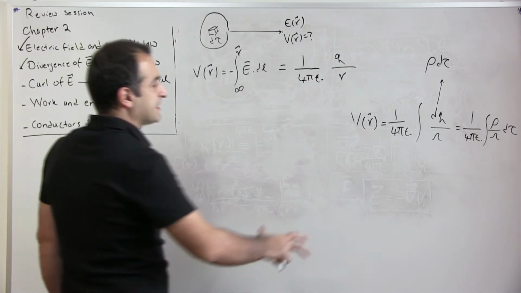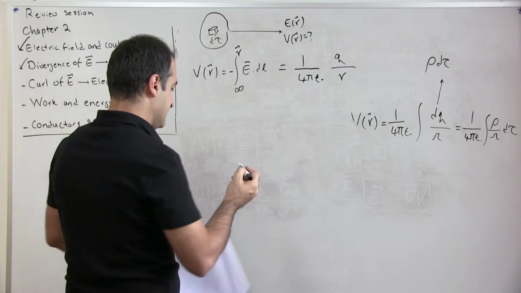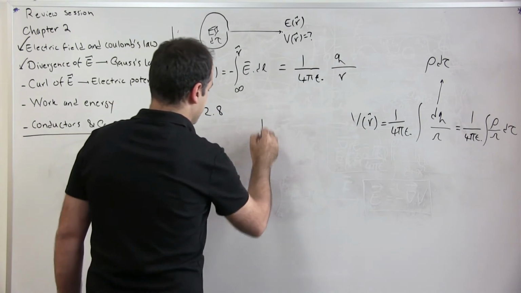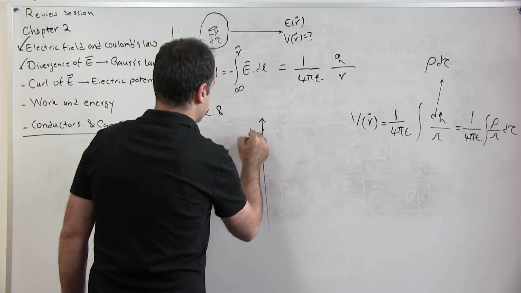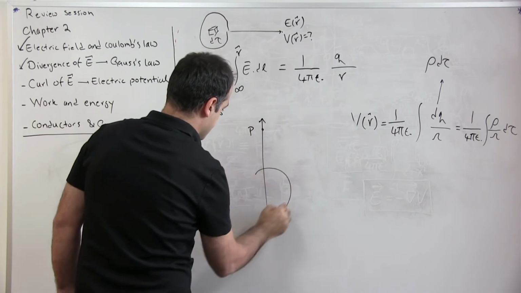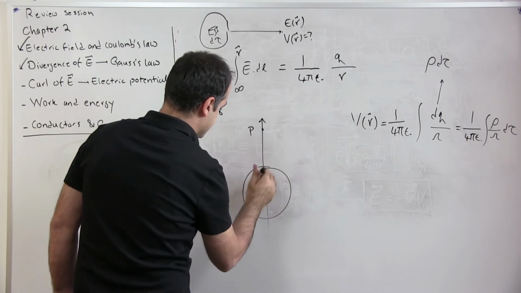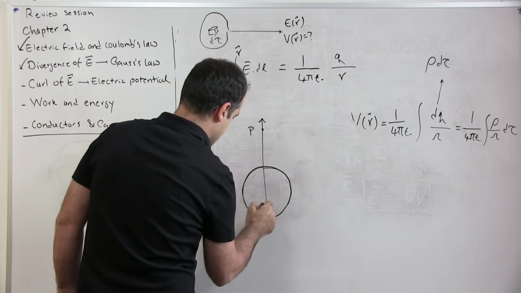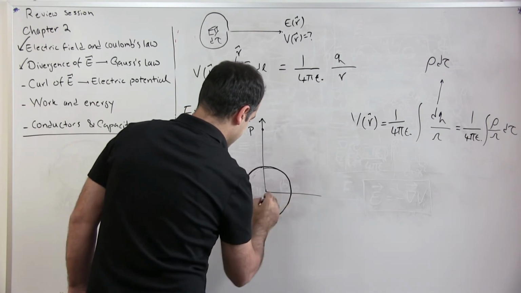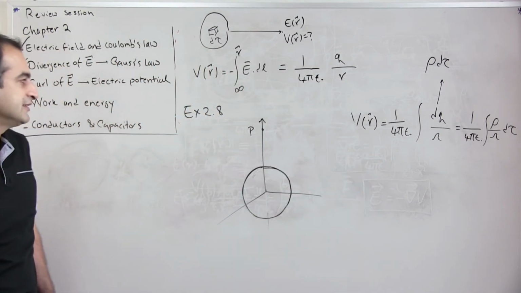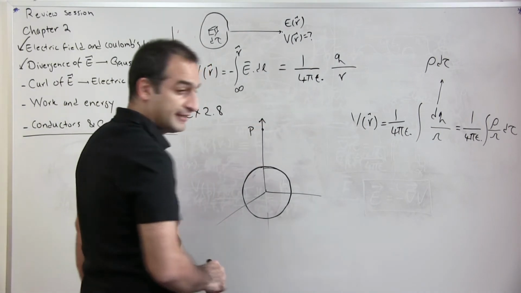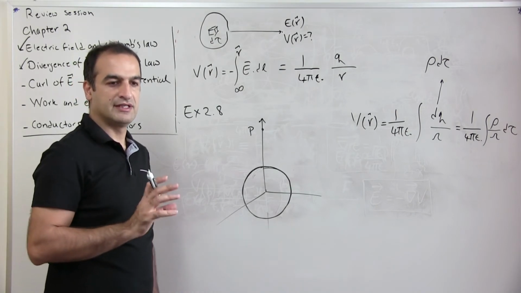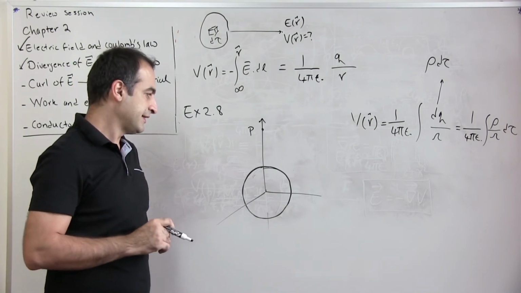So one example of calculating this is example 2.8. This is a little more complicated than what you had in the midterm. You have a spherical shell, and you are trying to calculate the electric potential here. Again, one of those cases where you should first focus on the geometry, what you have, and where you want to carry out the integral.